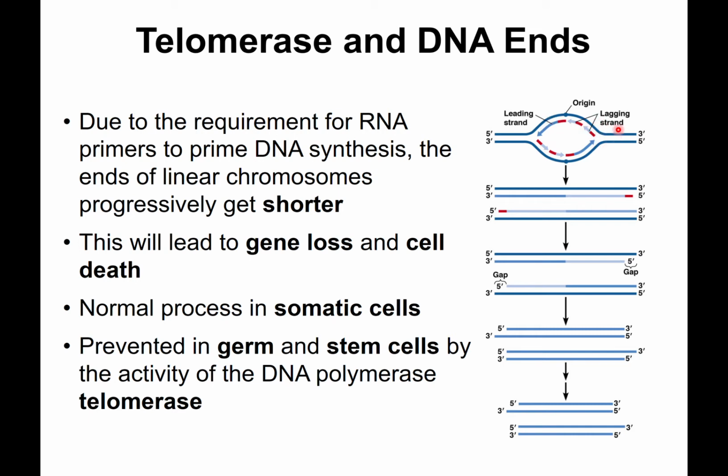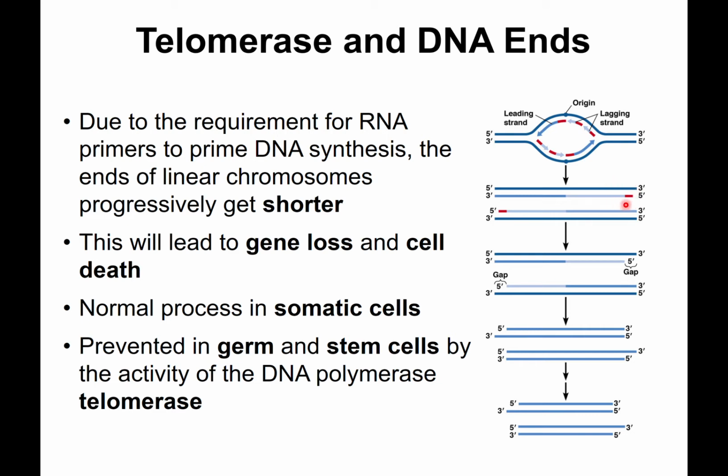While the replication fork progresses towards the right side, we rely on more and more RNA primers. The problem is that when you get close to the end of this chromosome, the last RNA primer doesn't always coincide with the end of the template strand. It might sometimes be placed a little bit further down.